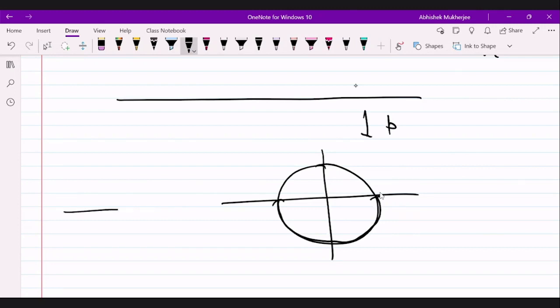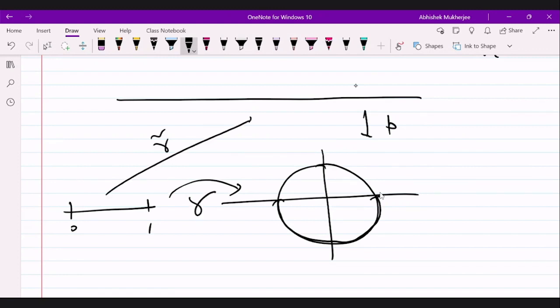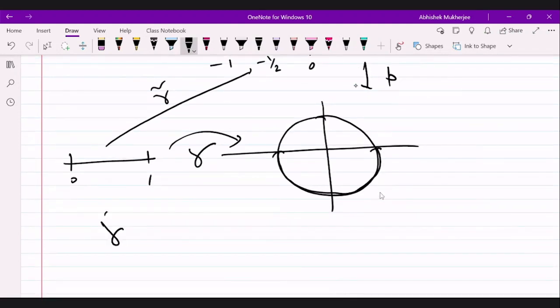So in that case, suppose this is your gamma, then you can define a gamma tilde here. But this will be a path that begins at 0 and ends at minus r. Okay. So that means gamma tilde is a path that can be defined in this way.